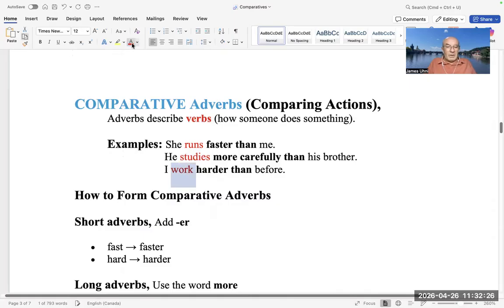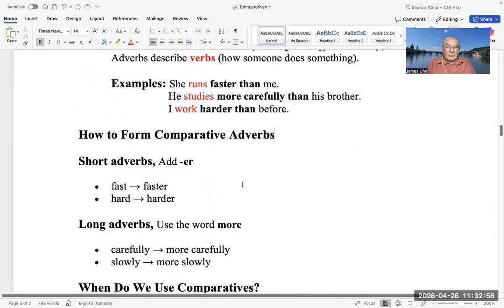If I wanted to have it as an adjective, it would be: my work is harder than before, but it doesn't say the same. So some adverbs cannot really be changed into adjectives.